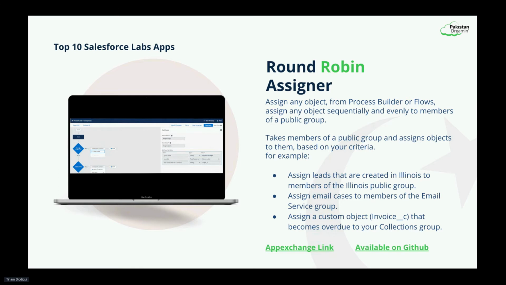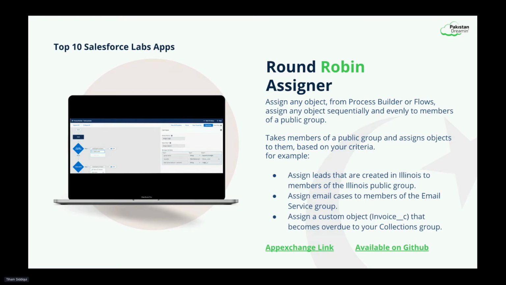I want the first case to be assigned to agent A, and whenever the second case comes in, I want to assign it to agent B. Whenever the third case comes in, I want to assign it to agent C. But when the fourth case comes, I want to assign it to agent A again. So this is one of the round robin orders, and you can modify it with your own requirements.